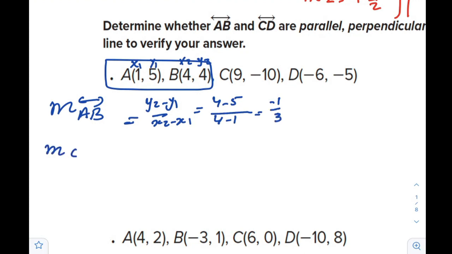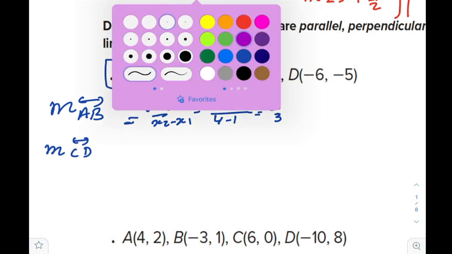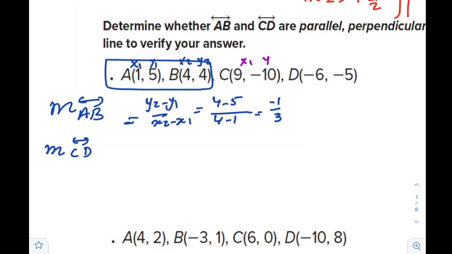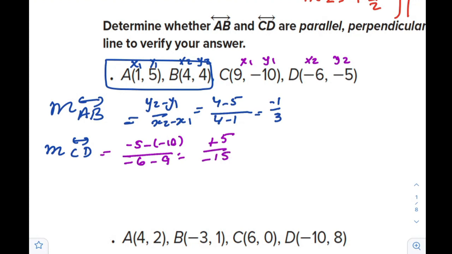Now we will find the slope of CD. Same thing here. So it is -5 minus -10 over -6 minus 9. So -5 plus 10, which is 5 over -15. Remember to simplify.